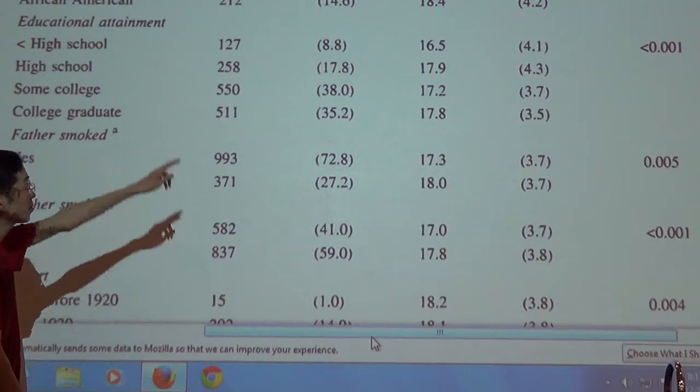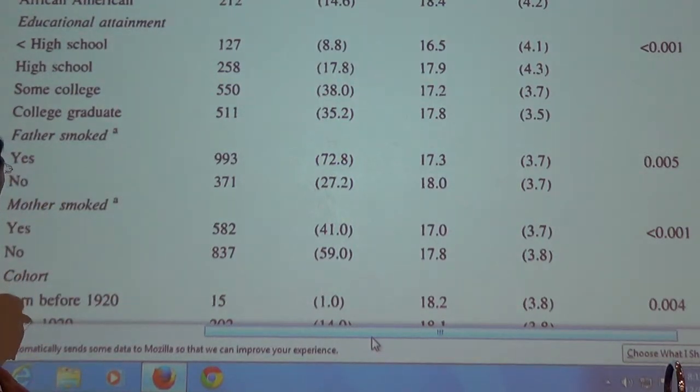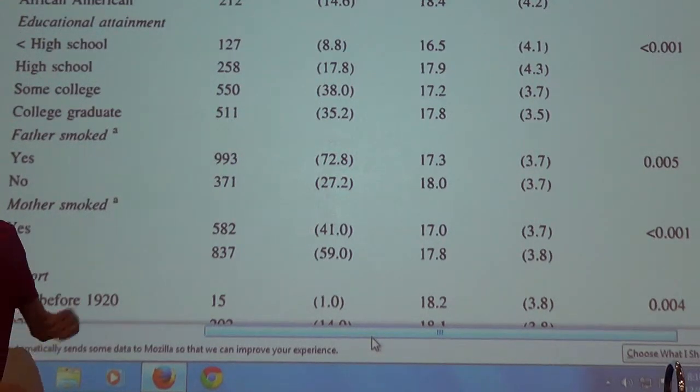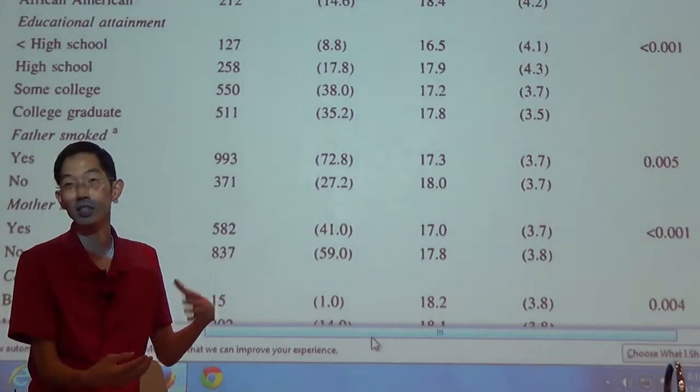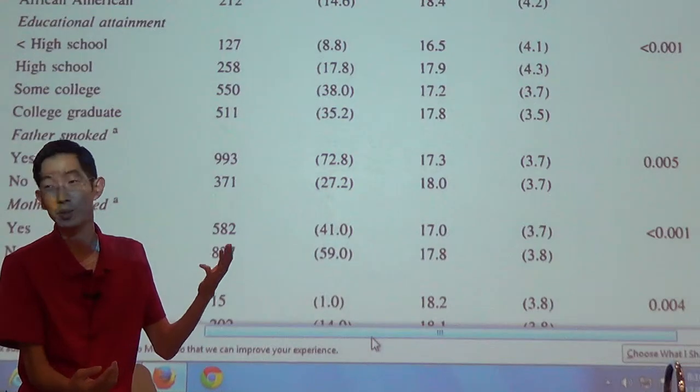Now, looking at the numbers, it might appear that the African American group is larger, 18.4, meaning they started smoking later than the other groups. But that's also hard to say. That might also be due in part to that group being smaller compared to the other groups. So with ANOVA, you can't say this is the group that's different. All you can say is that the groups are not the same.